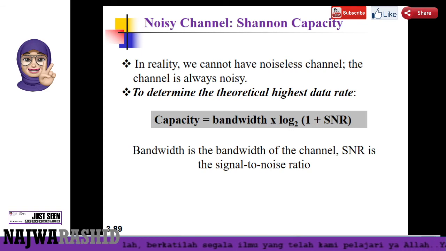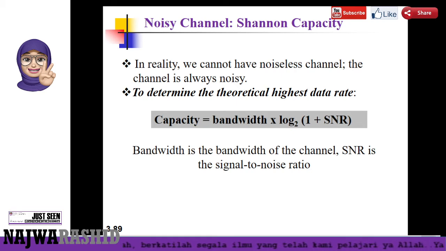Next, we go to the noisy channel. The noisy channel is based on the Shannon capacity. In reality, we cannot have a noiseless channel, so the channel is always noisy. Logically and realistically, there is no transmission medium without any noise.